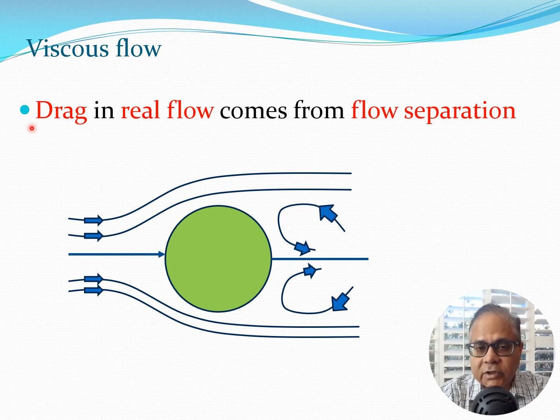So what you get is drag in real flow, and this comes from flow separation, and flow separation is also a result of viscosity. So these are some of the things which lead to drag in real flows, and therefore the paradox was resolved once people figured out viscous flow and flow separation.